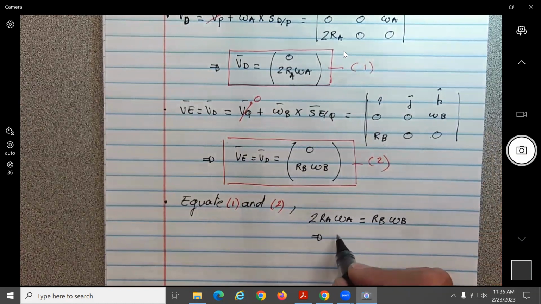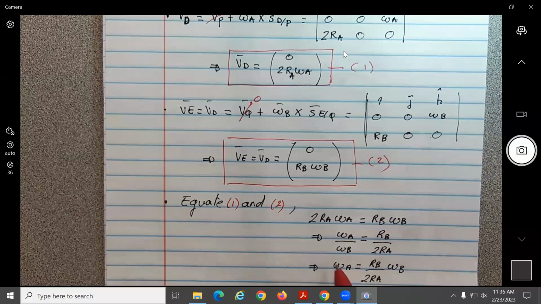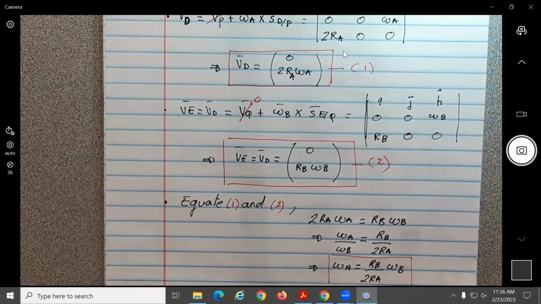Or if you want, you can leave it as it is. But let's write omega sub A over omega sub B equal to R sub B over 2 R sub A, or something like that. Let's say omega sub A will be equal to R sub B over 2 R sub A times omega sub B. I just write a different form since we don't know what to solve for.